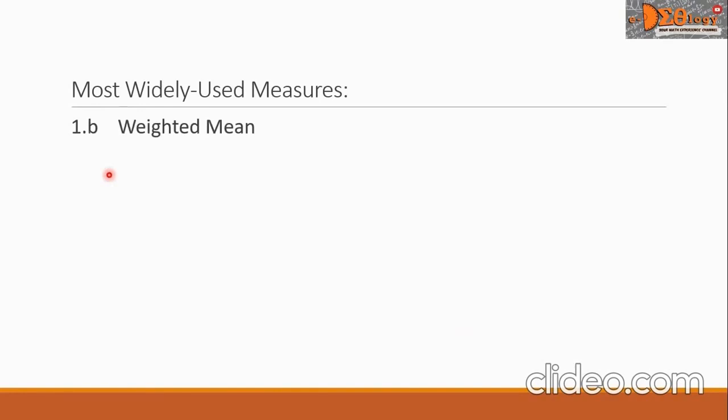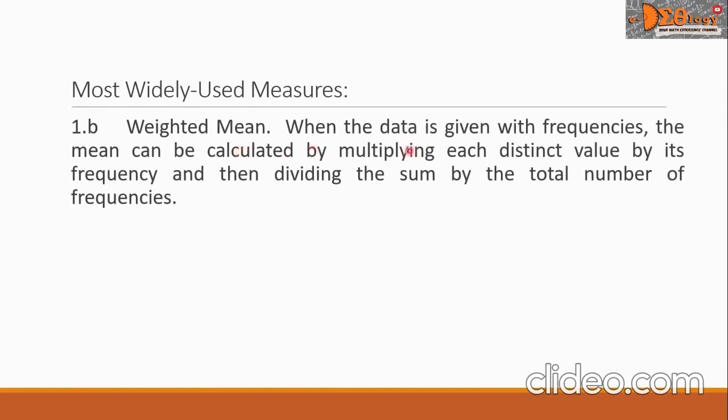On the topic about mean, there is what we call weighted mean. When the data is given with frequencies, the mean can be calculated by multiplying each distinct value by its frequency and then dividing the sum by the total number of frequencies.